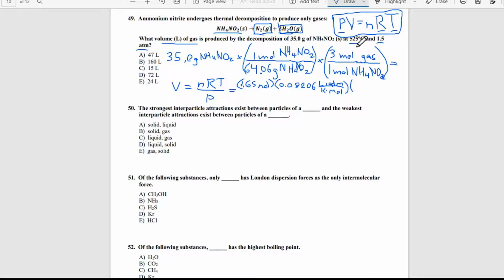And then the temperature, as you correctly ascertained, needs to be in Kelvin, right? So I have to add 273 to that. That's going to give me 798 Kelvin. And then all I have to do is divide that by the pressure, 1.5 atm.